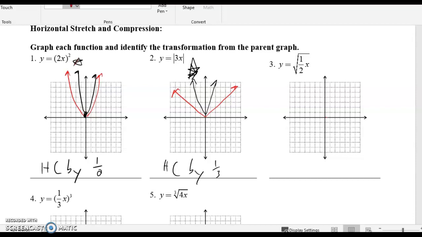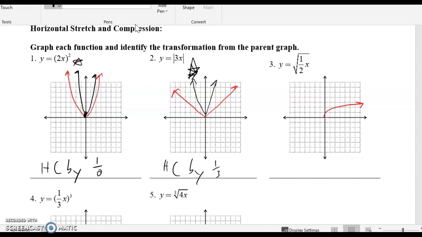Okay, so here we got our square root graph. It looks kind of like that. And then we're going to draw our change. So this graph gets affected. It's going to be a horizontal something. So when this number is smaller than 1, but not negative, we're not worried about a negative, you're basically taking the graph and you're going to stretch it. Because this says that the graph is not growing as fast.